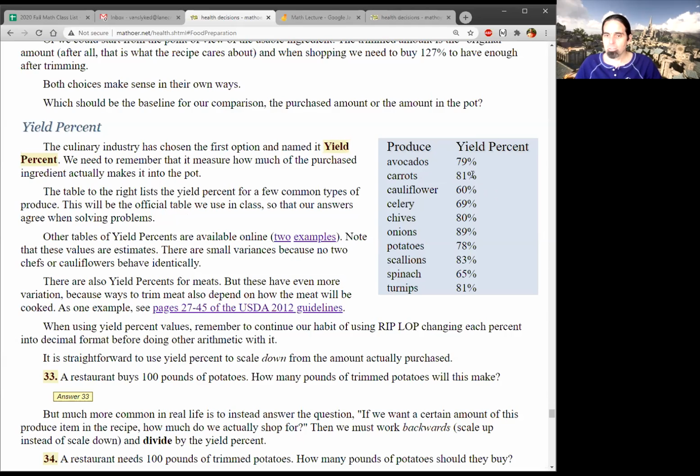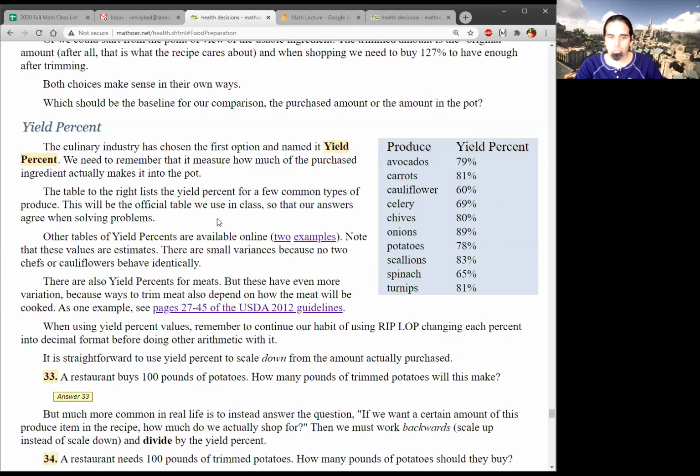How I trim carrots will be different than how you trim carrots, and it might depend a little bit on the carrots. But we need a number to use. So we're just going to all pretend that these percentages are accurate and say that, yes, when I buy celery, I get 69% of it usable after I trim it and take off all the bad spots and leaves and things like that.